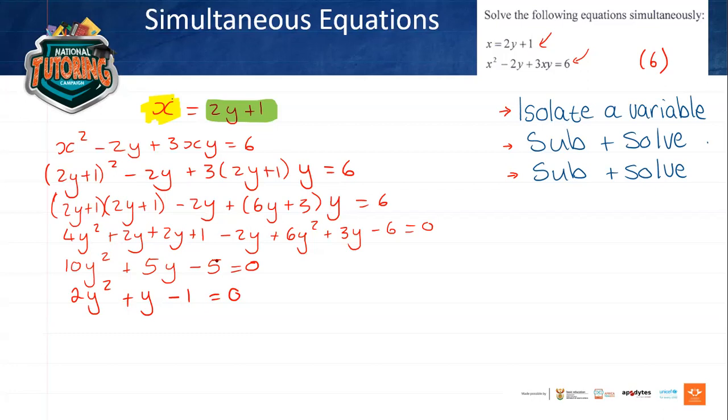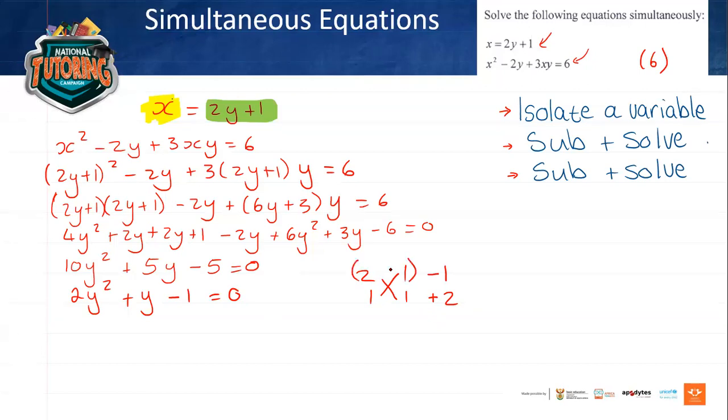And so we need to factorize this using our quadratic trinomial knowledge. So our factors of 2 are 2 and 1. Our factors of 1 are 1 and 1, so there's no option here. We get 2 and 1. I want to get a positive y out at the end. So if I have a positive 2 and a negative 1, that will give me a positive 1 as my answer.